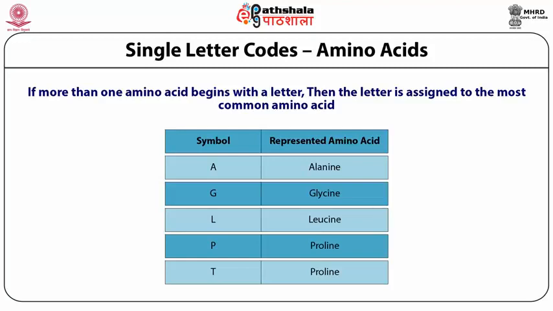A is assigned to alanine and not to asparagine because alanine occurs more commonly than asparagine. Similarly, glycine occurs more commonly, therefore G is assigned to glycine, not to glutamine.